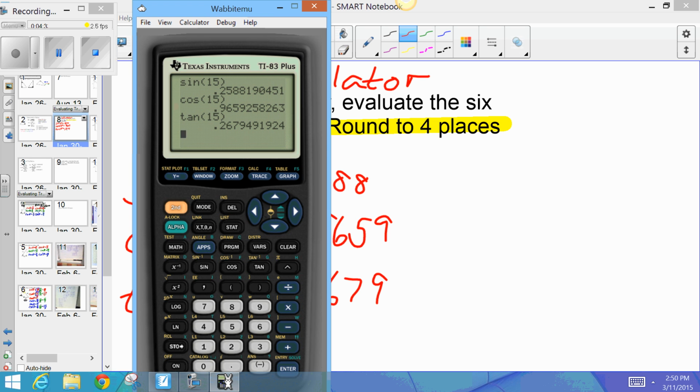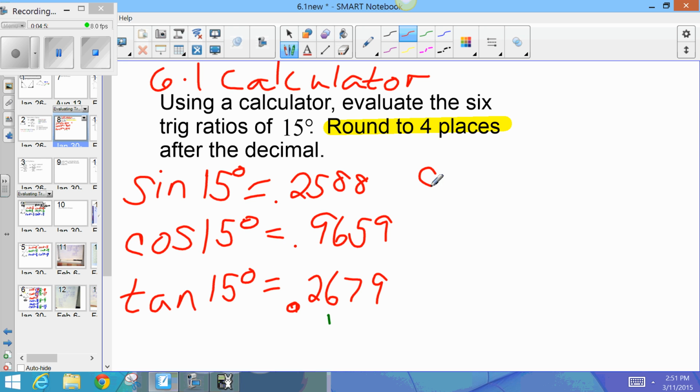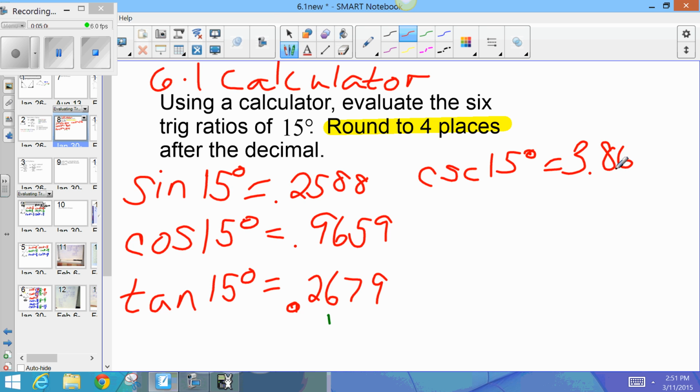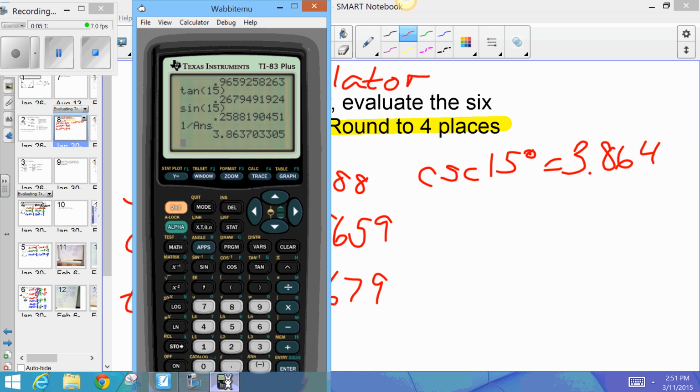If I were to first do sine of 15 degrees, get the answer, and then do the reciprocal of that, well, the reciprocal would be 1 divided by the answer. I have my cosecant. So cosecant of 15 degrees is 3.864.